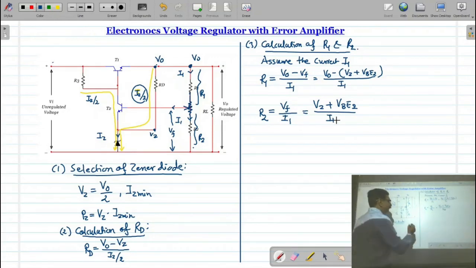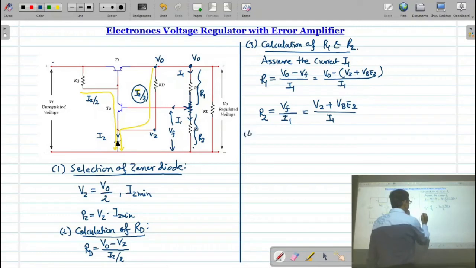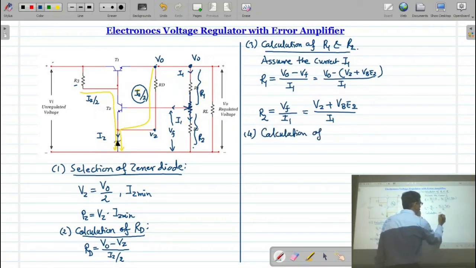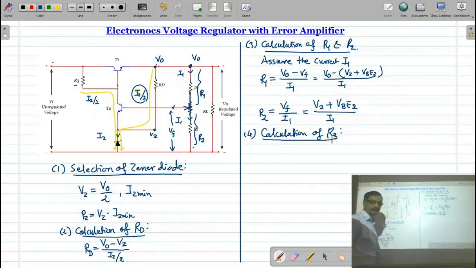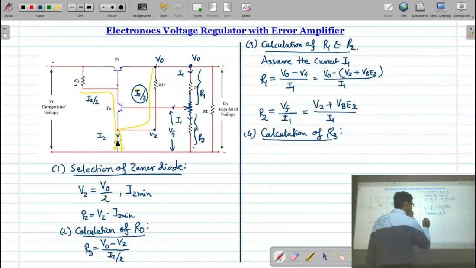Okay. Now the fourth one, the calculation of R3. Here you try to understand. Again, the calculation of a resistance means voltage divided by current.